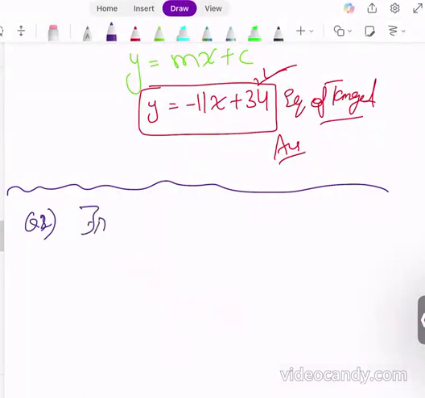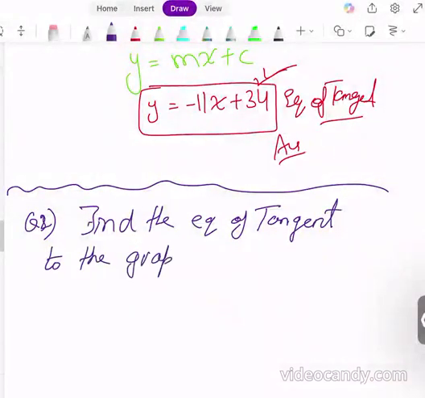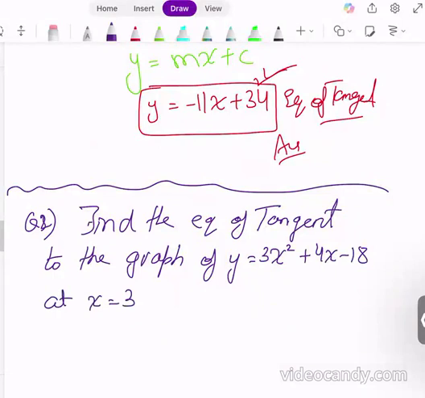Find the equation of the tangent to the graph of y is equal to x square plus 4x minus 18 at x equal to 3.